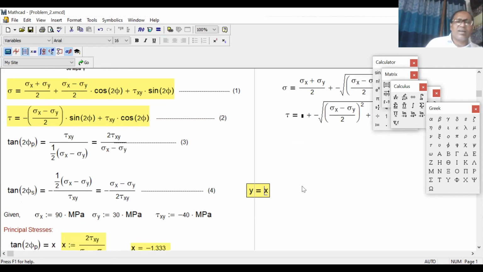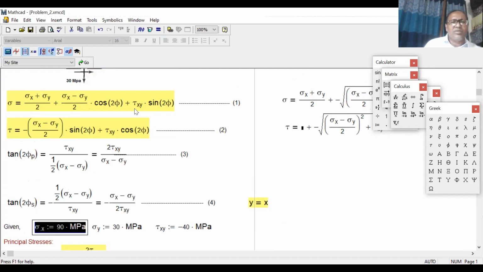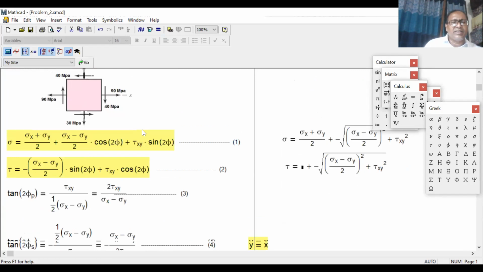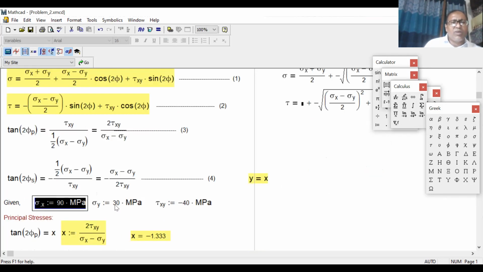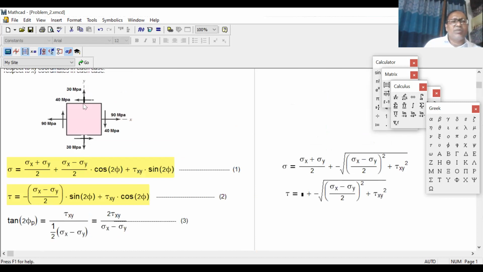So at first, you say answer to question number 2, then draw the figure. Then you say given sigma x equal to 90. So you look in the figure, sigma x 90. What will be sigma y? 30 megapascal. So look over here, sigma y 30.